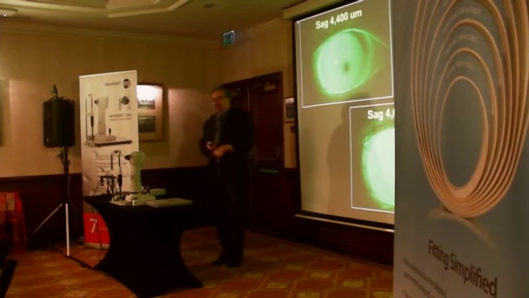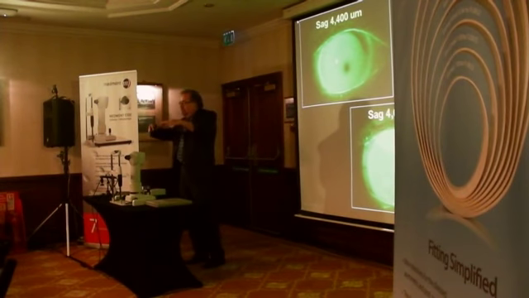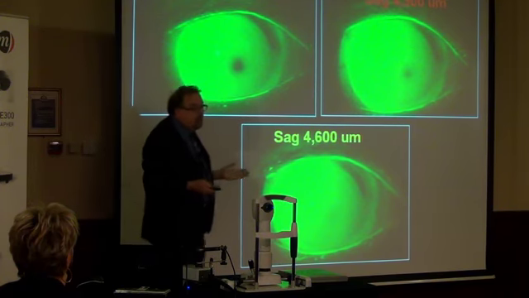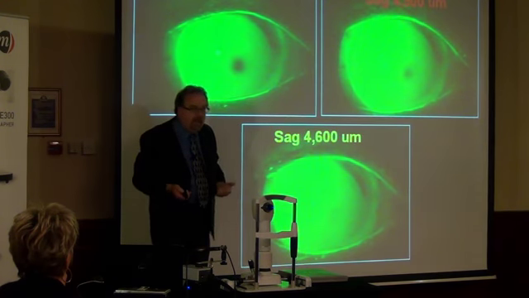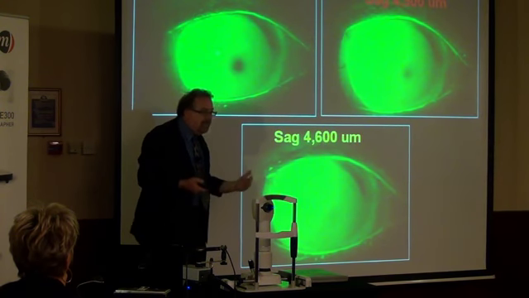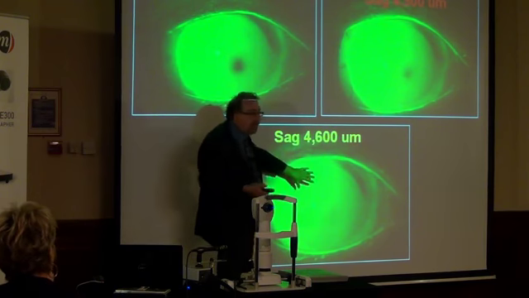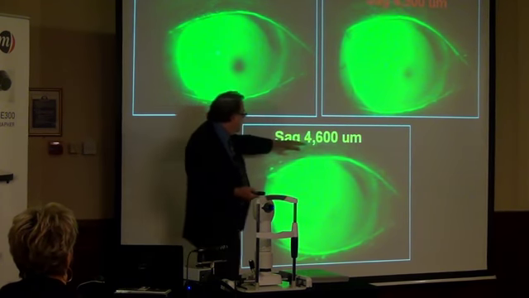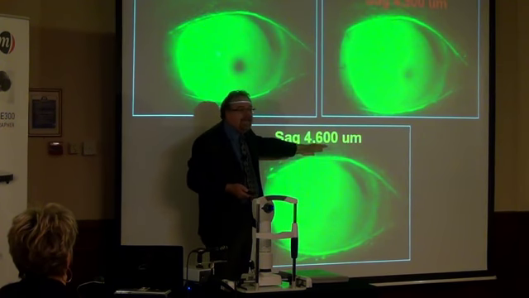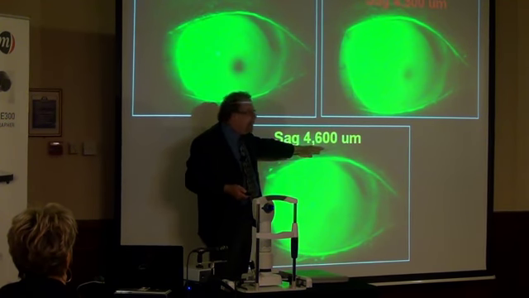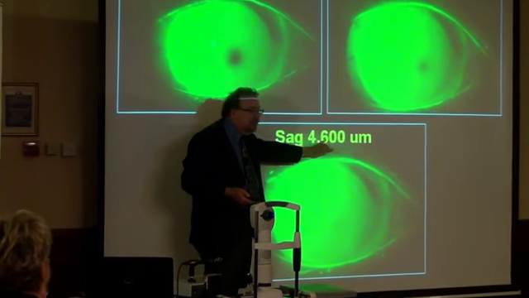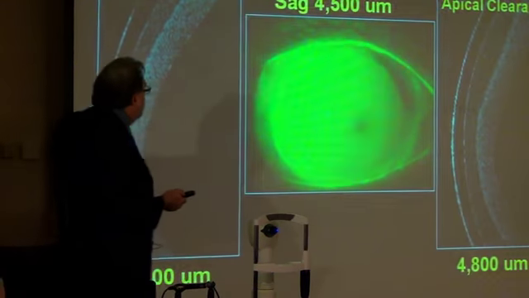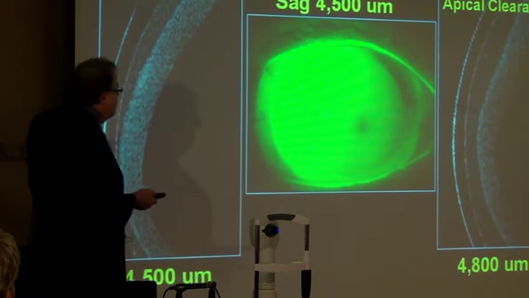So I'm going to need to overshoot my sagittal height by probably 200 microns to allow for that settling to take place and still have 200 microns of clearance. So my lens would have a height of 4,800 microns. That would be my go-to contact lens.